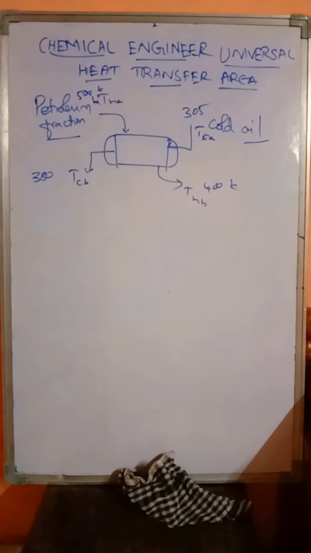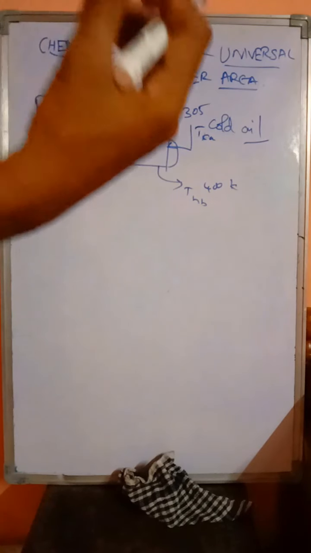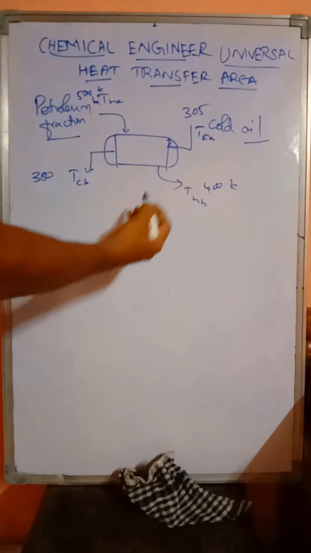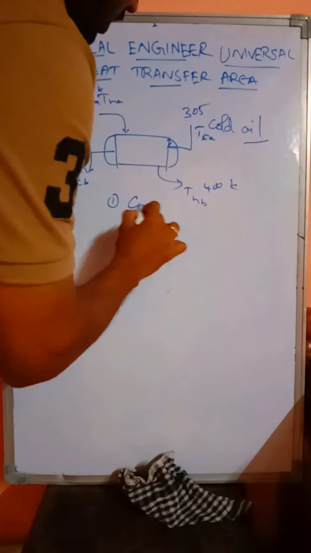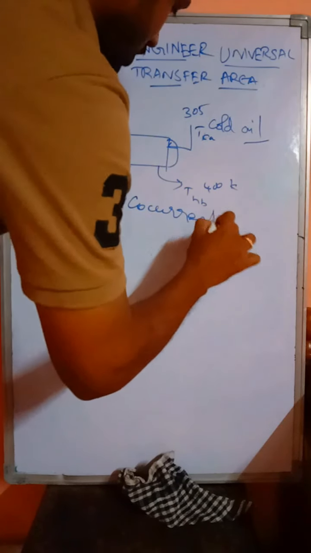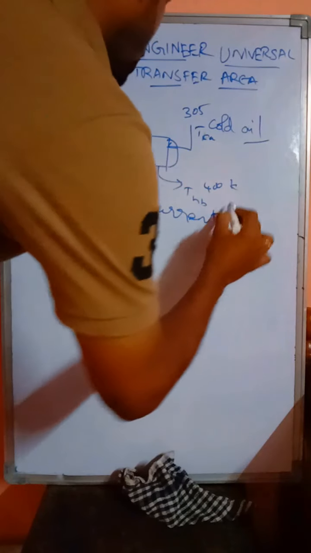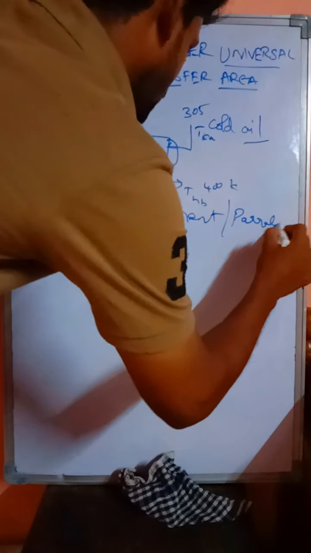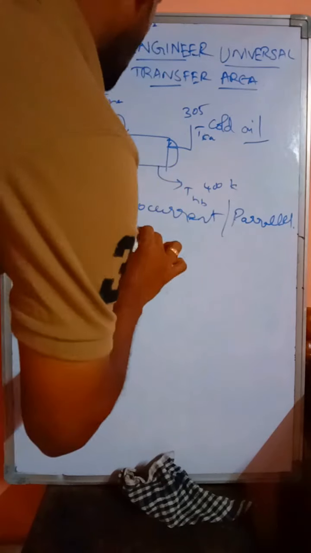There are two cases. We are going to see two types of flow. The first one is co-current, or parallel, we can say. The second one is counter current.